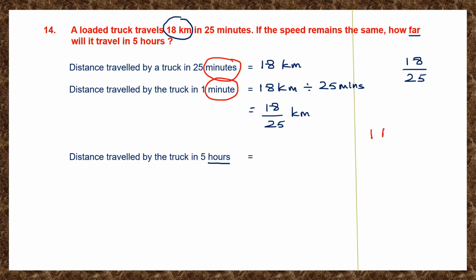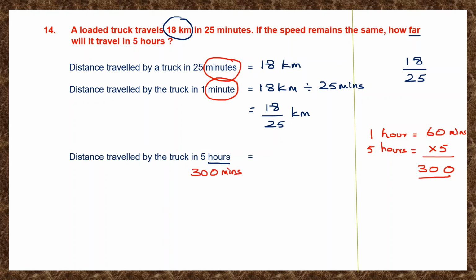So we know that 1 hour is equal to 60 minutes. So therefore 5 hours is equal to 60 into 5. So 5 zeros are 0, 5 sixes are 30. So that is 300 minutes. So we are going to find the distance traveled by the truck in 300 minutes.